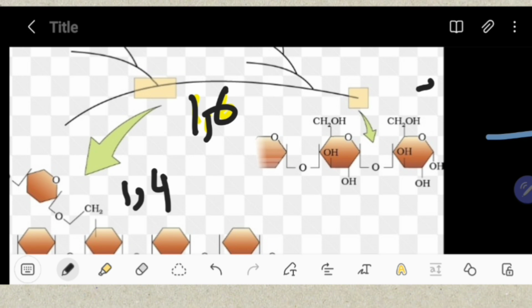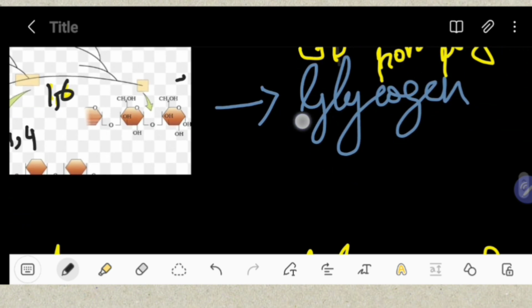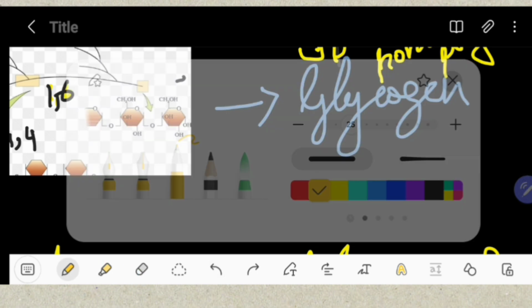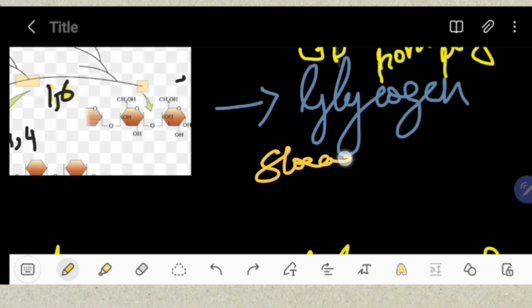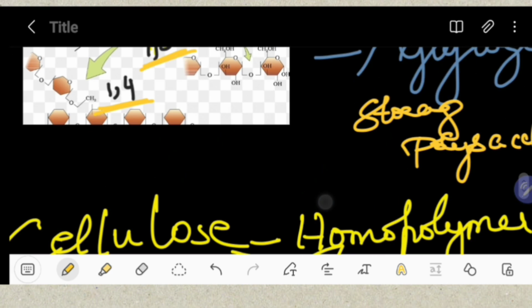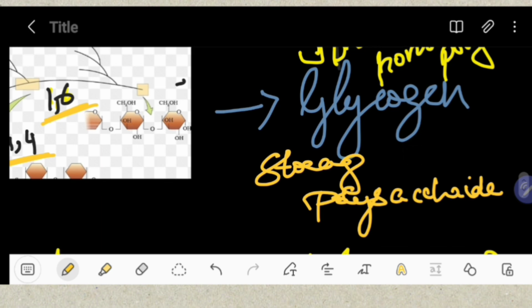Both are alpha. Now if cellulose was the functional and structural polysaccharide, this is a storage polysaccharide. Glycogen is a storage polysaccharide and it is a branched homopolymer of glucose.